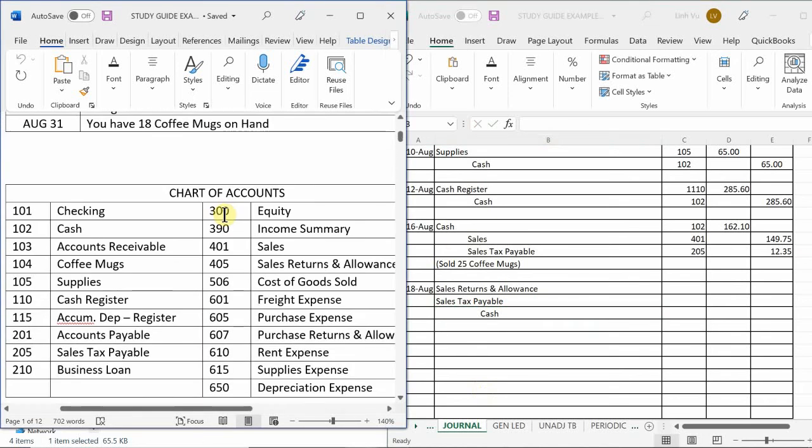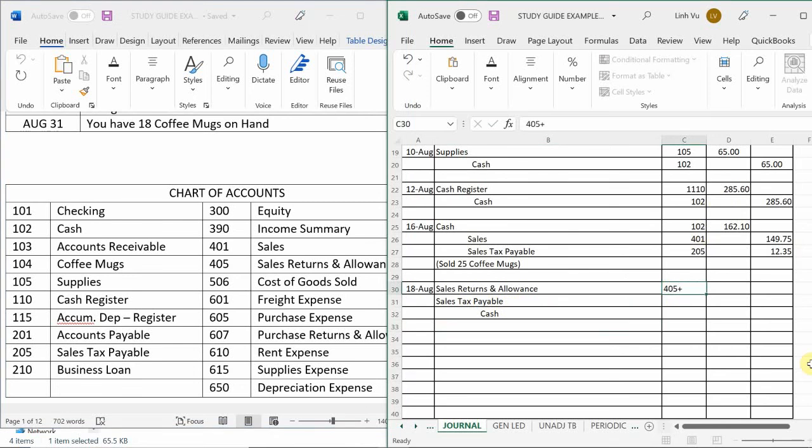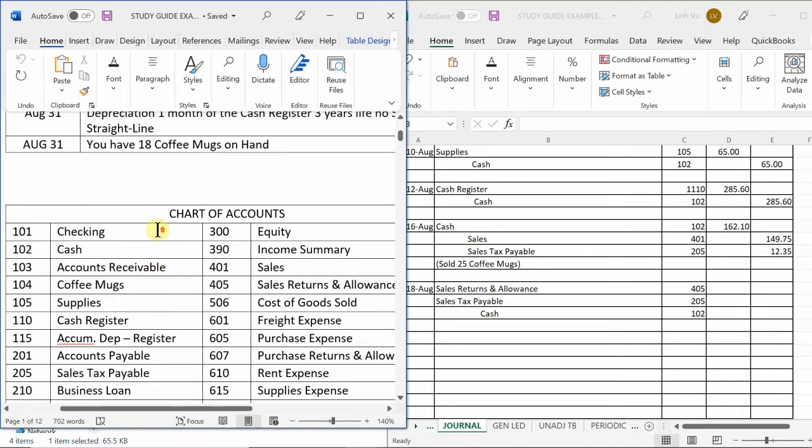So sales returns and allowances is account number 405. We have to give back their sales tax money, so 205, and we have to give them back cash, 102.